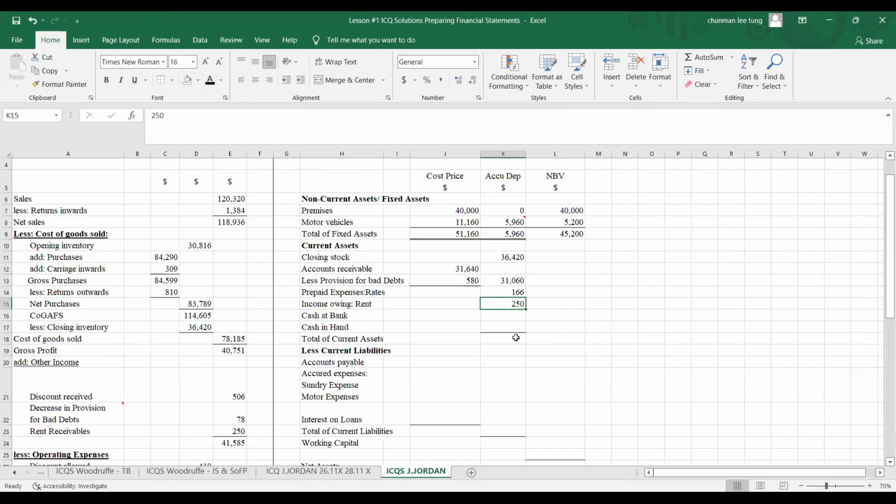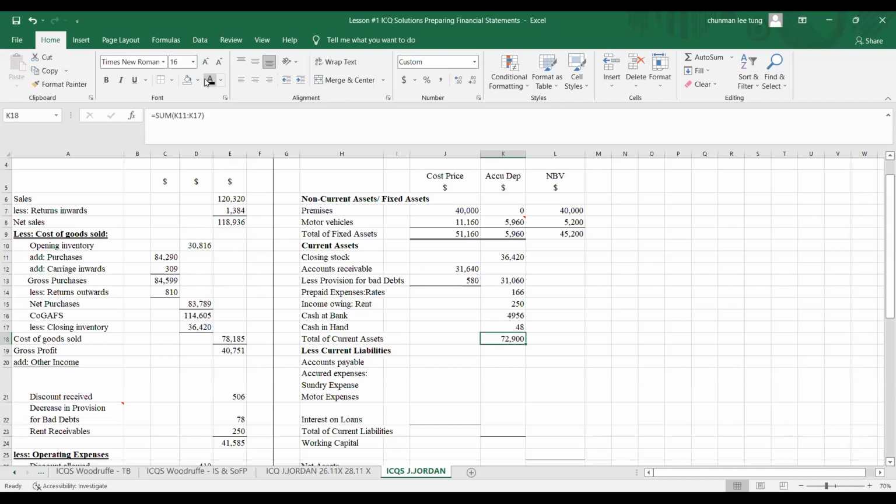So in other words, we should be getting this $250 very soon. There was also a cash at bank and also a cash in hand from the trial balance to get our total of current assets, $72,900.